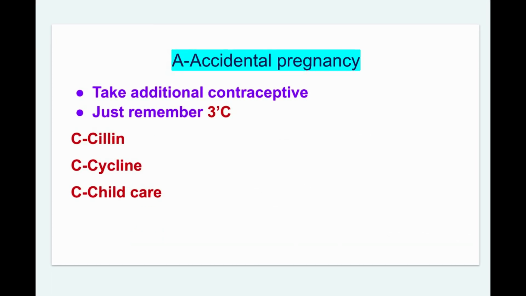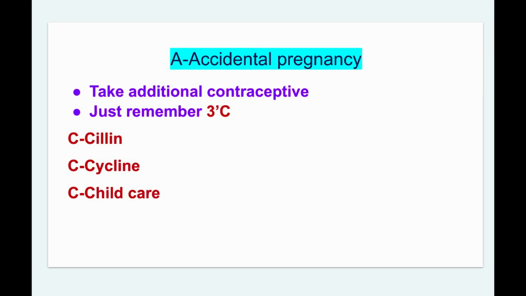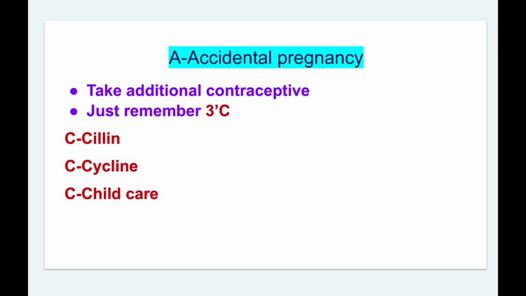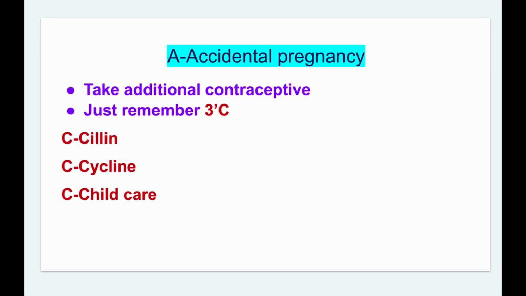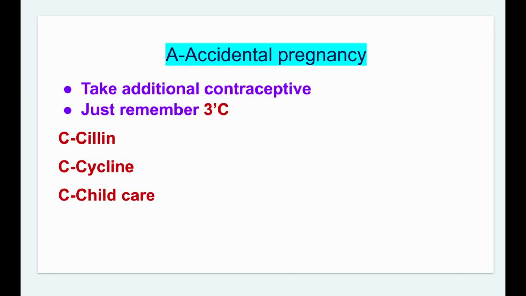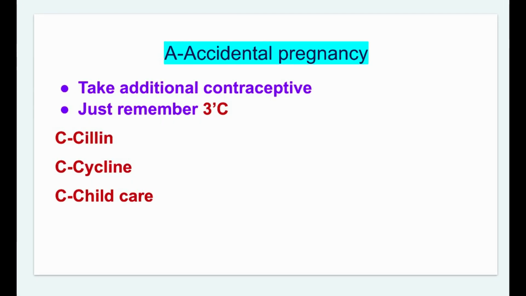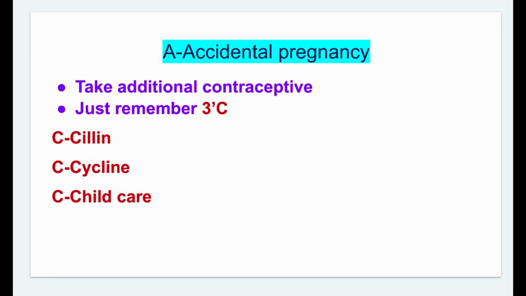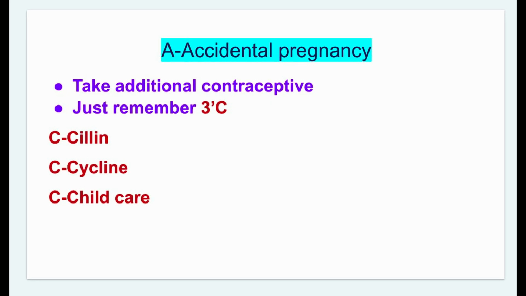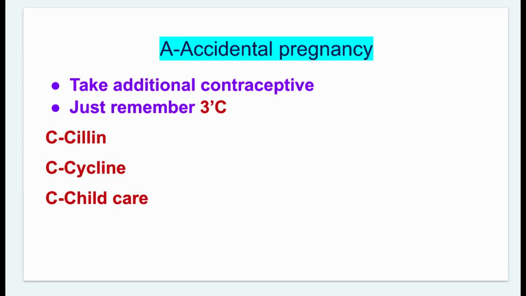So the antibiotic mnemonic. A stands for accidental pregnancy. So take additional contraceptives such as IUD or condoms, because a few of the antibiotics reduce the contraceptive's effectiveness.